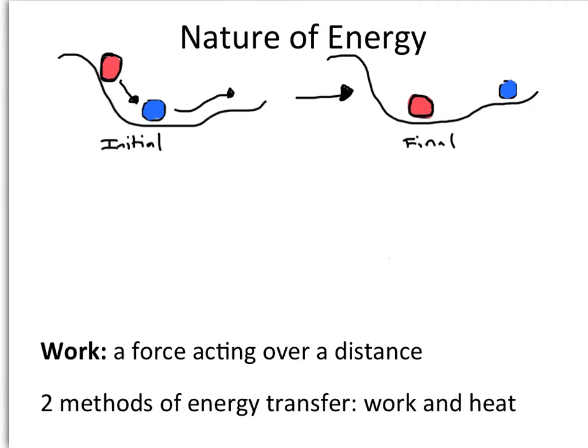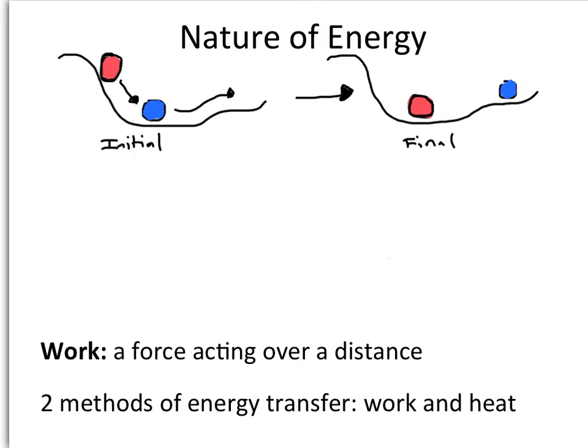However, the original potential energy of the red ball has not equally transferred to give you the same potential energy in the blue ball. Notice the blue ball is in a lower state in terms of potential energy than this red ball originally was.